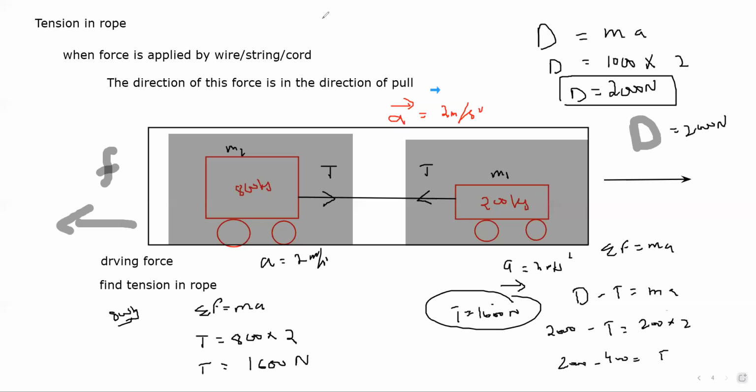Same thing, you can have objects attached by a string on a vertical plane. So two objects are there, 8 kilogram and 2 kilogram. This is 8 kg. This one is 2 kg.